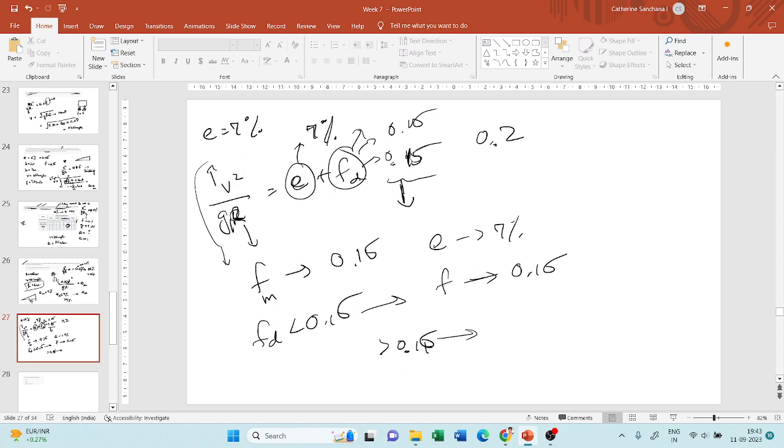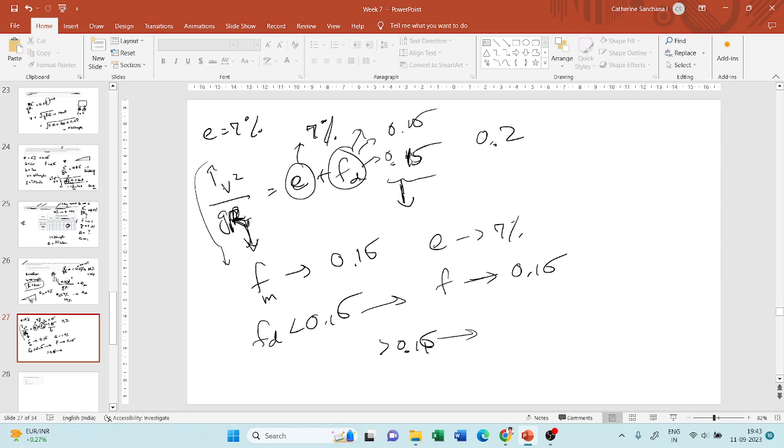Either I can change the radius of the road, okay, because that is also an important factor in this equation. But if the road has already been constructed, and the alignment has already been fixed, I cannot do anything about it.